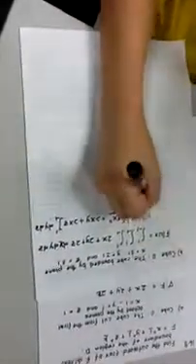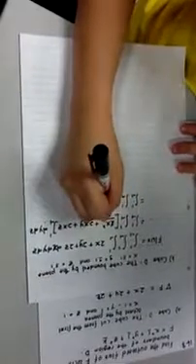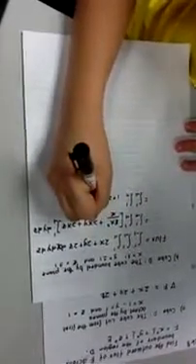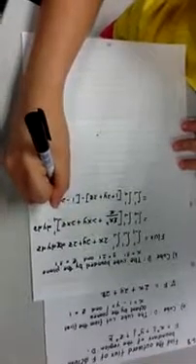So we sub in the limit: 1 plus 2y plus 2z minus 1 minus 2y minus 2z dy dz.